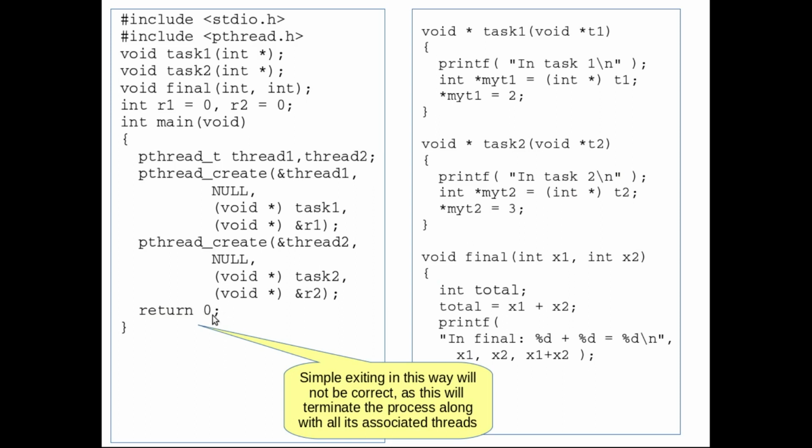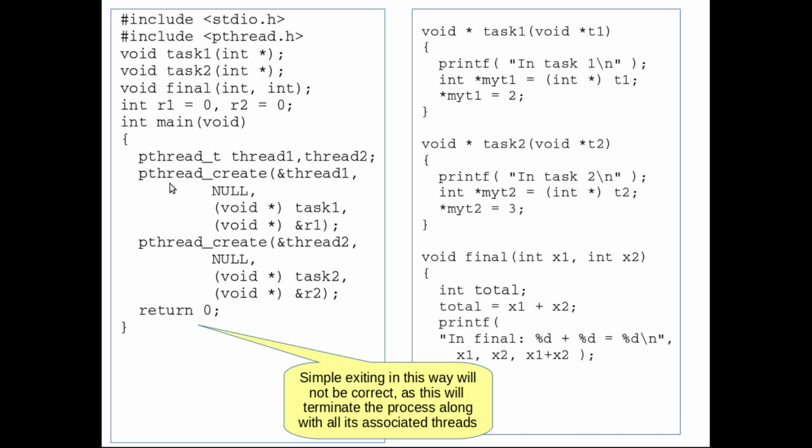Actually, this is not correct, because if we write our program in this way, the main thread will exit, and when it exits, it will exit the process, and it will also kill the other 2 threads.